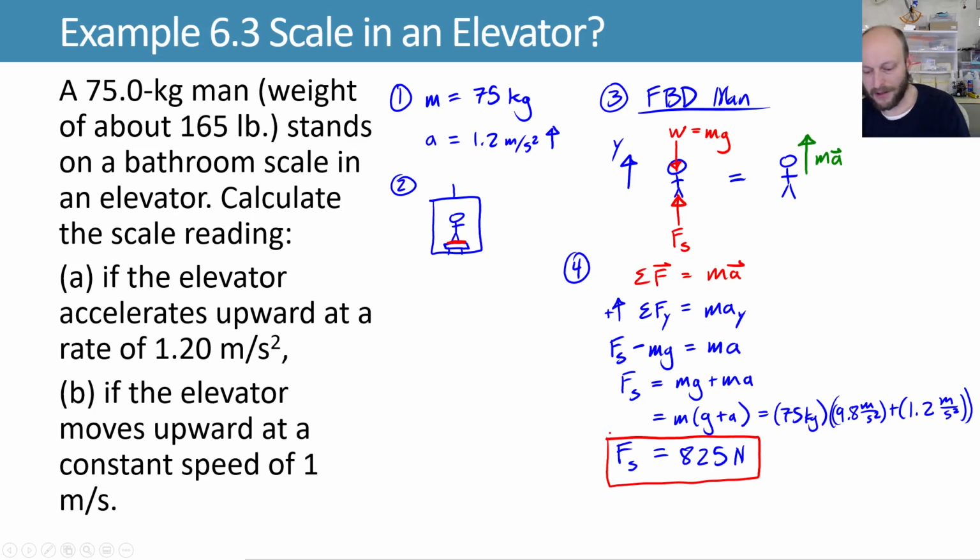So what would it read there? Well, it would be doing the conversion, assuming that you weren't accelerating, and saying that it would read an effective mass of whatever the actual force applied on it is divided by gravity. And when you do that here, you end up with a mass of 84.2 kilograms.